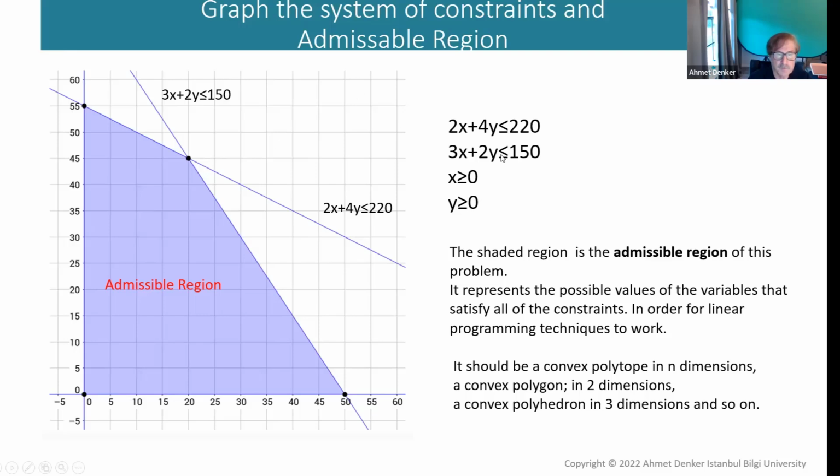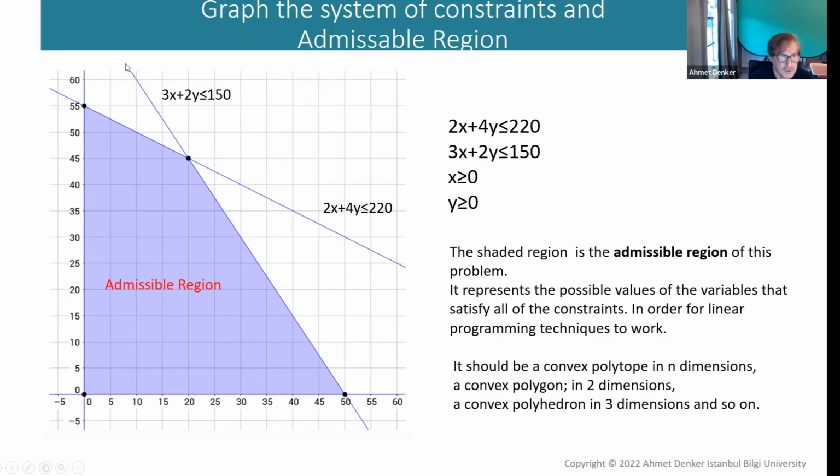Also, if I make the inequalities less than or equal to, the admissible region I am going to concentrate on is still more limited, because I do not want to deal with infinitely large regions. So this admissible region is limited.